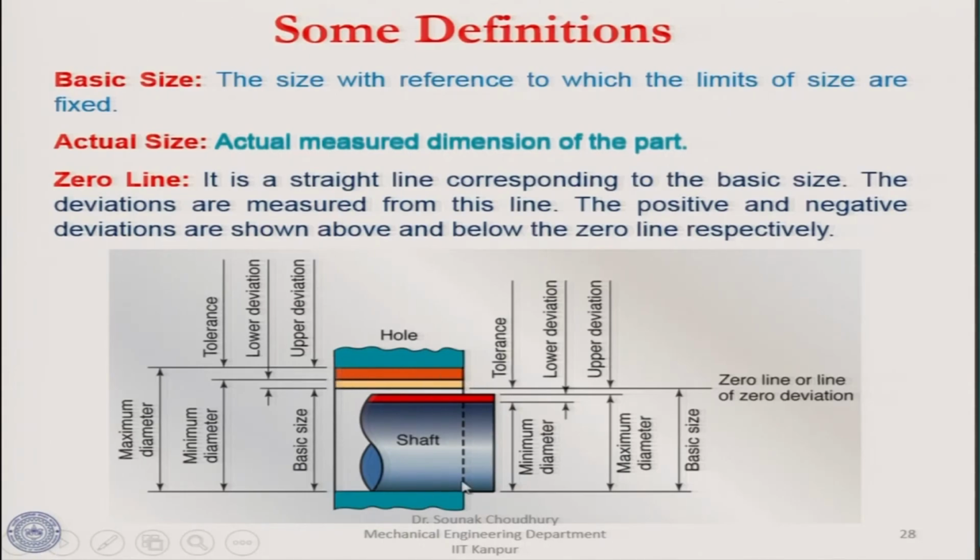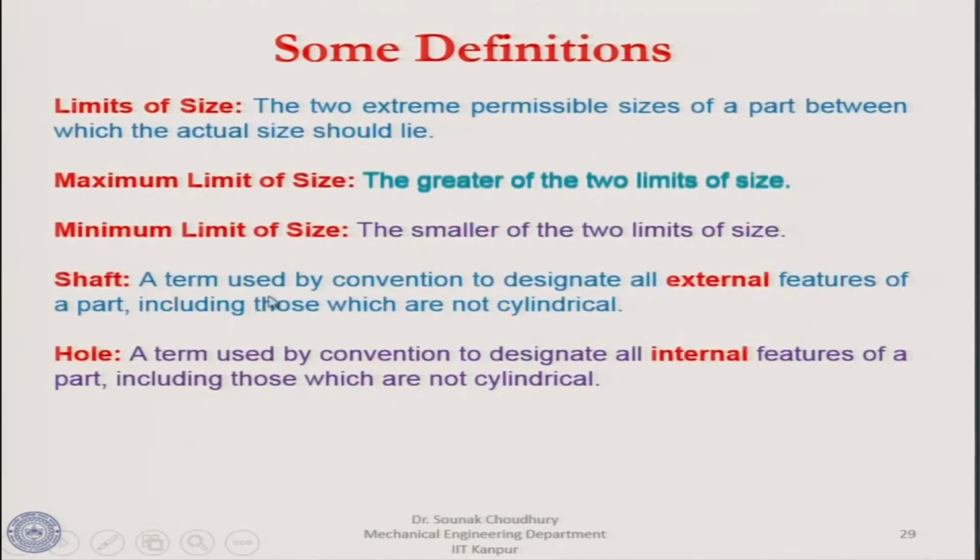Now, of course, we will show you in more detail a little later, in the next diagrams: limit of size, maximum limit of size, minimum limit of size, shaft and hole. These are some definitions. Limit of size is the two extreme permissible sizes of a part between which the actual size lies.